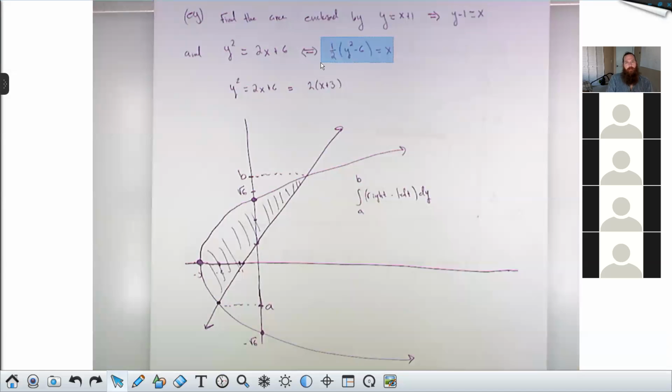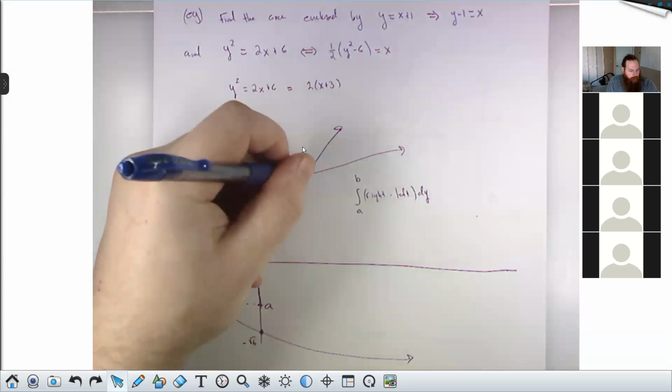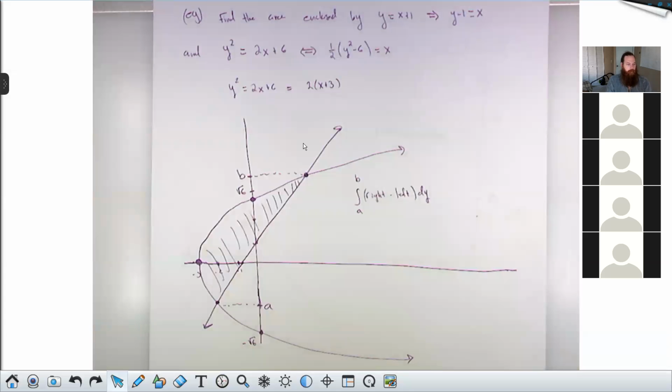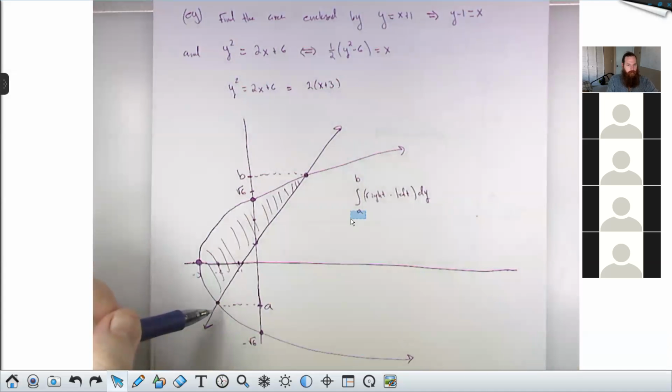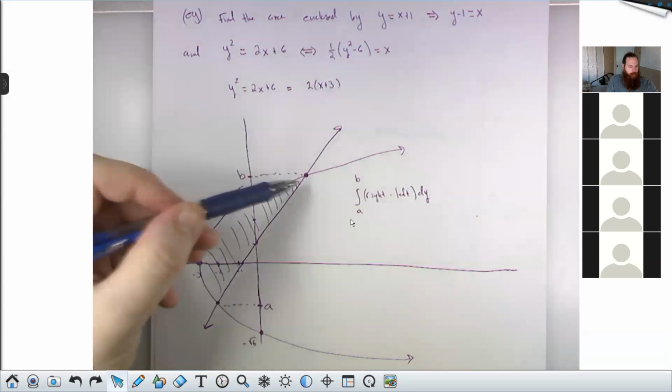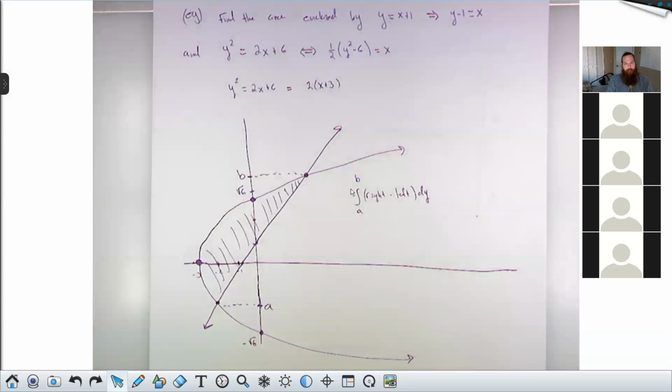Here's my parabola solved for x. If I set these two, y minus 1 and 1/2 y squared minus 6, equal to each other, that will locate for me these two intersection points. The smaller of those two intersection points will be a, my lower bound of integration. The larger of those two intersection points will be b, my upper bound for integration.